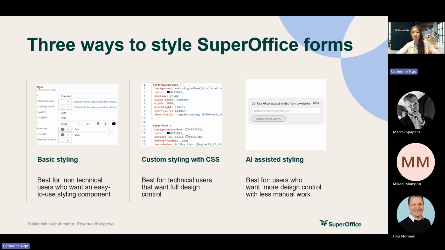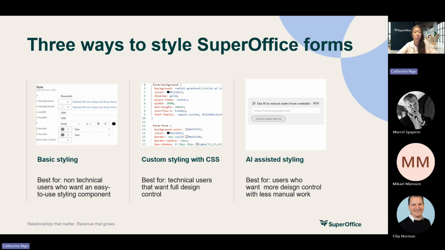So here you style your form by selecting some predefined styling elements. So you select if you want the corners to be squared or round. You select the background color, the button colors. So this is a very easy to use component and you don't need any technical knowledge.